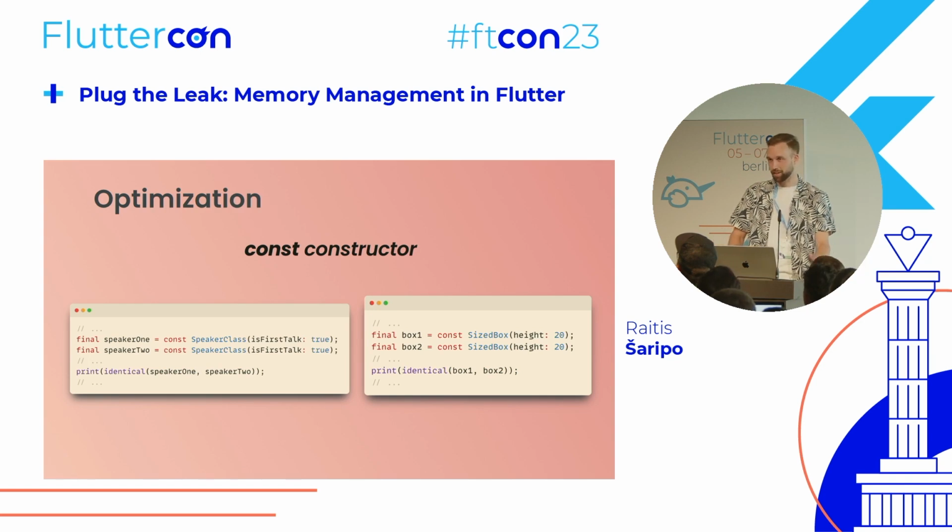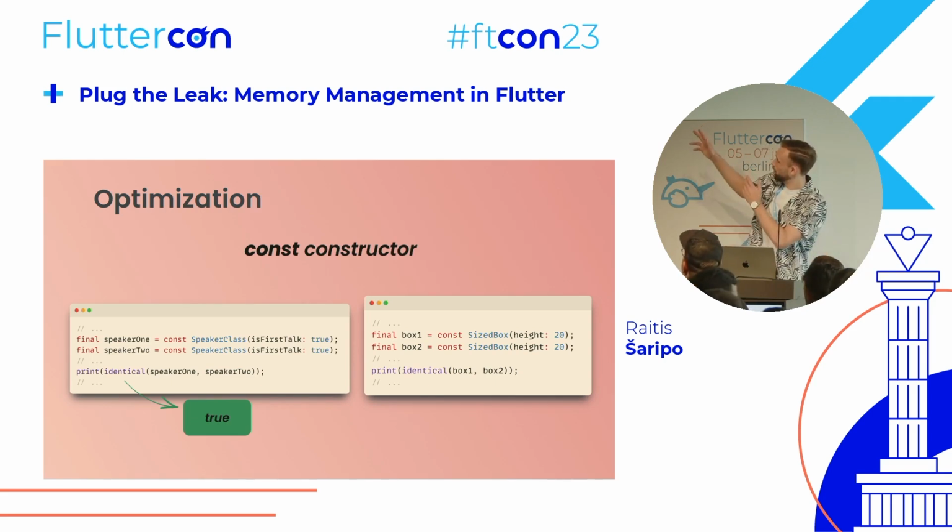Okay, some of you raised your hands previously, so you passed the test. They are indeed identical. And the same question for the example on the right with Flutter widgets. Raise your hand again if you think box 1 is identical to box 2, if it will print true.